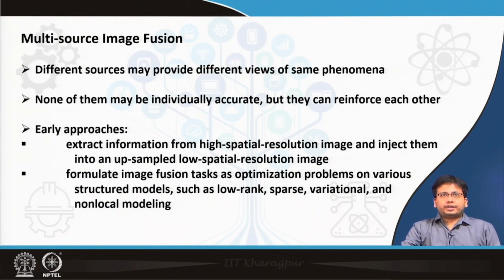The important thing to remember is that the different sources are basically providing different views of the same phenomena. Say for example, rainfall is taking place. Now, there may be a spaceborne device which is taking an image of that from the top. There might be some ground devices which are taking the images from the side, from the profile views and so on.